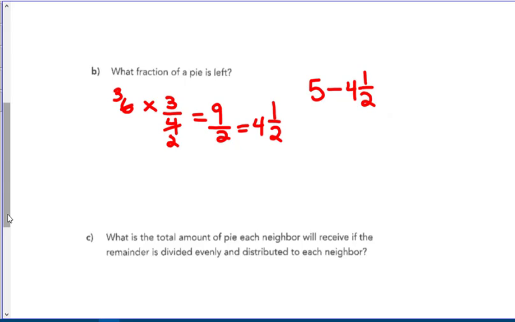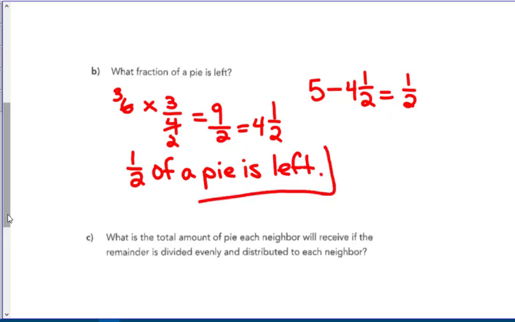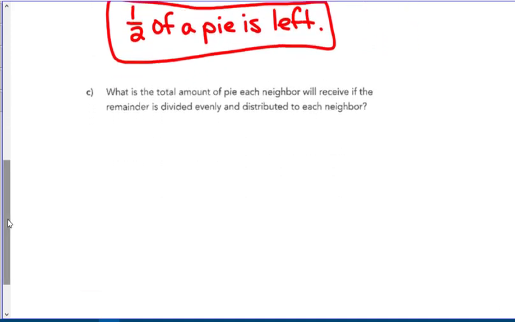So she has 6 2/3 neighbors, but that's not 2/3 of a pie. And I might have said that incorrectly before. She has a half of a pie left, right? 5 minus 4.5, she has a half of a pie left that she can keep. So half of a pie is left. That's neighbors, that 2/3. So I may have said that incorrectly.